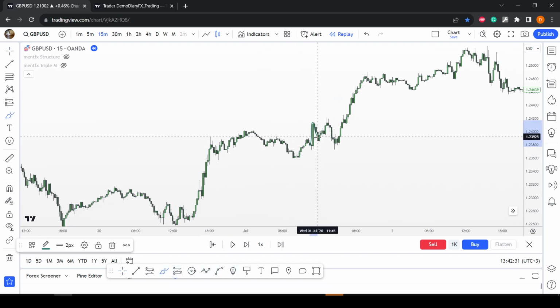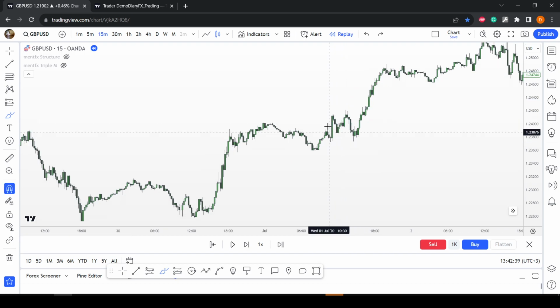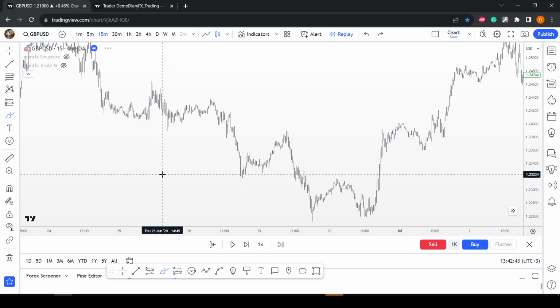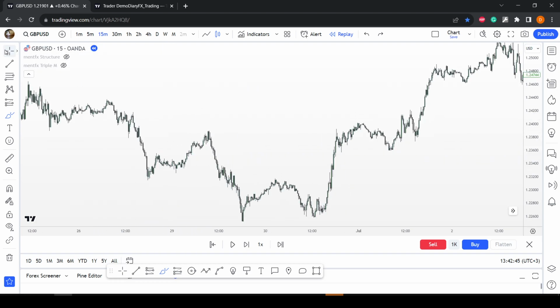So you have impulse, this correction, and then impulse here, correction, small horizontal correction, and impulse. So something like this, or well, we will see in the backtesting.